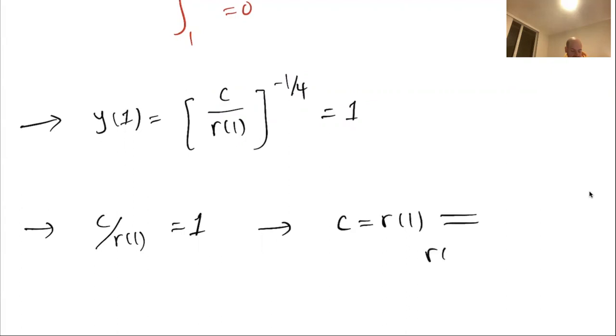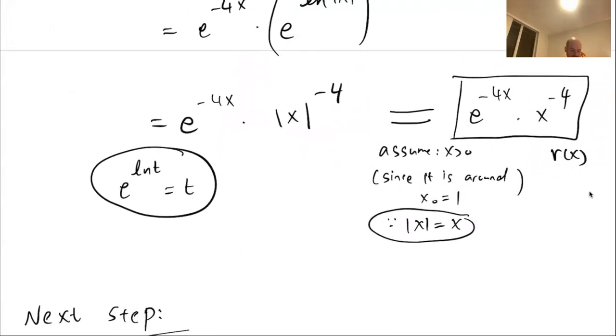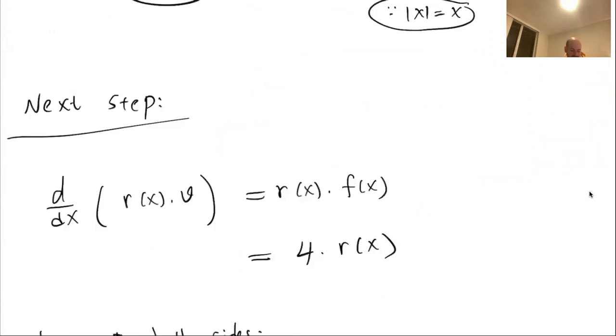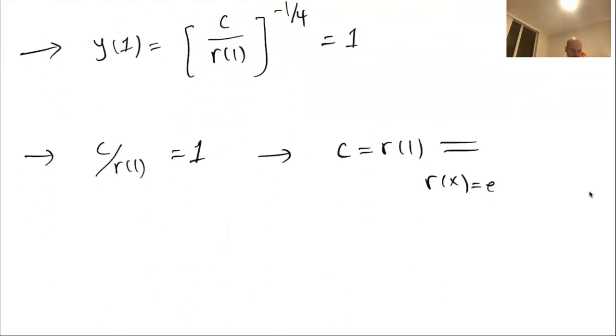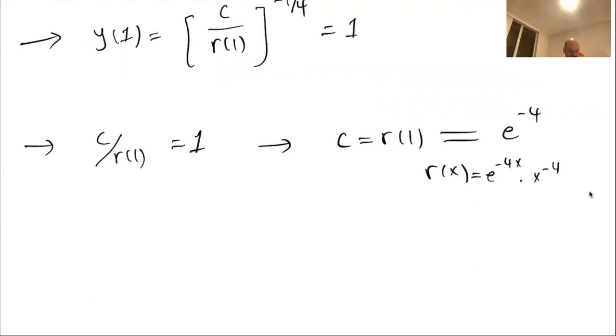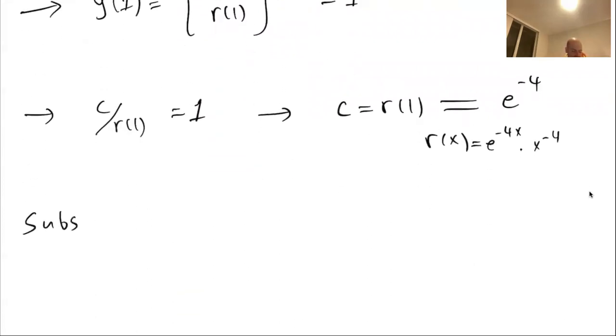r of x, if you remember, was this guy, x to power minus 4 times e to power minus 4x. So r of 1 is going to be e to power minus 4. So c is e to power minus 4, substitute back.